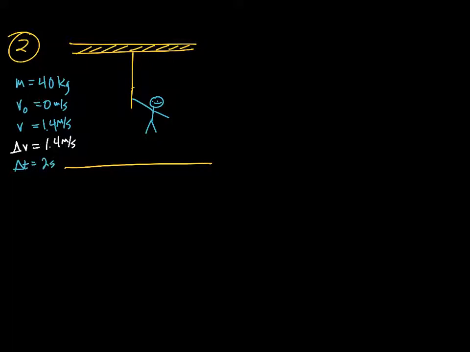And so I could immediately go to the acceleration. Delta V per delta T is going to be 0.7 meters per second squared. So now we know the time frame over which this change occurred.